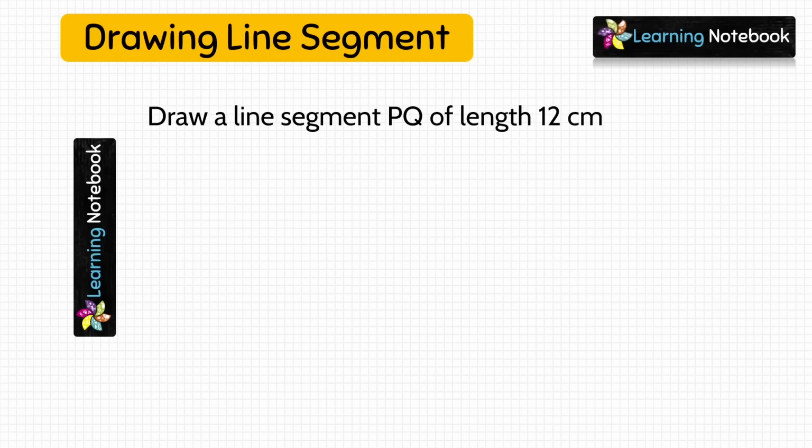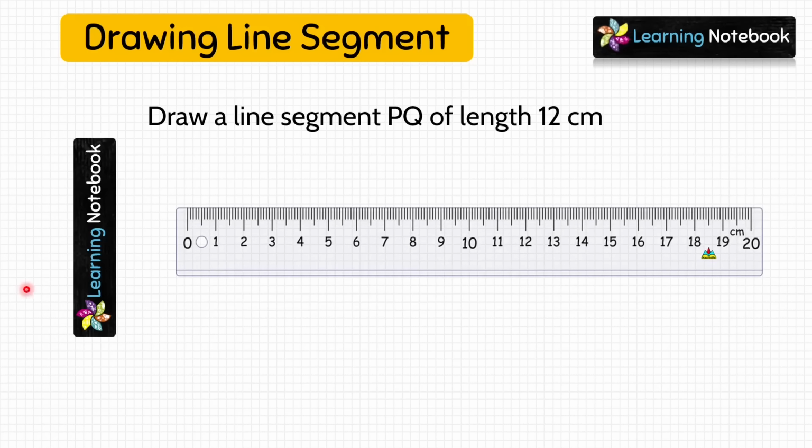So let's take a scale and first mark point P, which is at 0 mark of the scale. So remember, first point of a line segment is always 0.